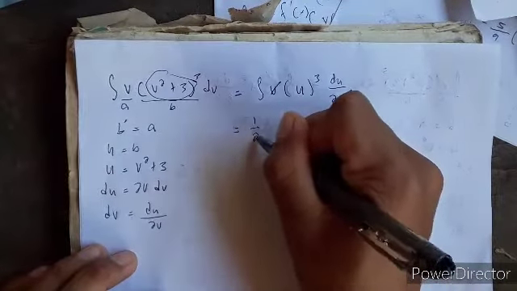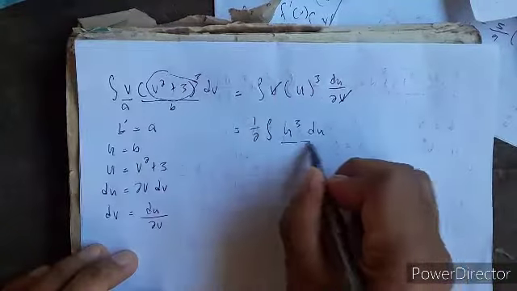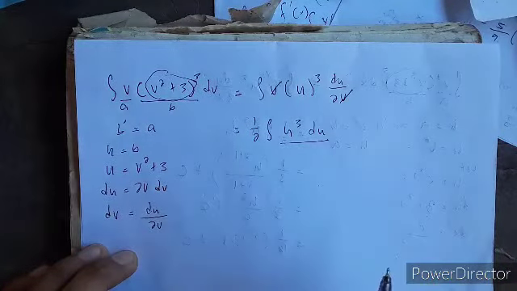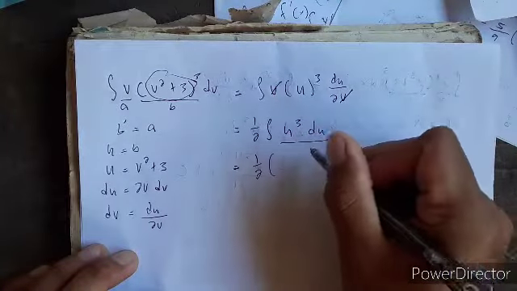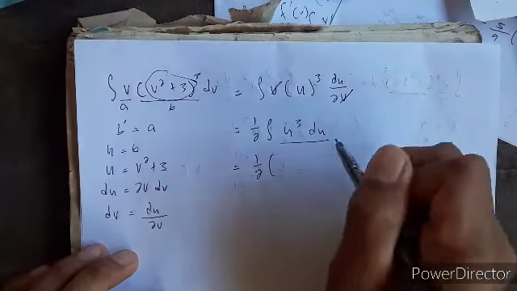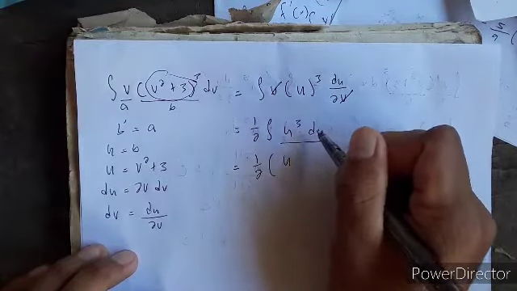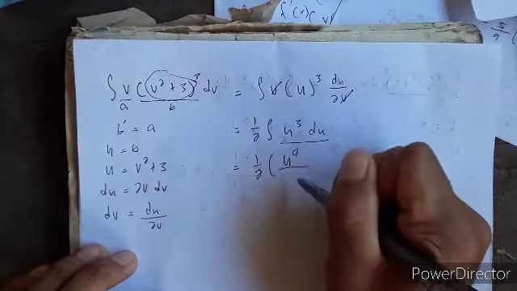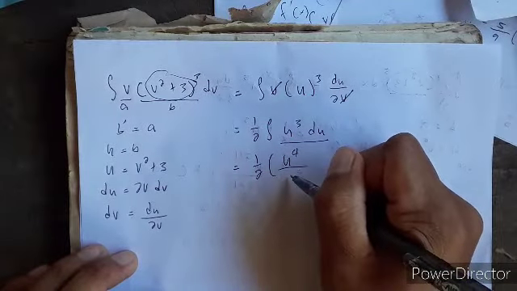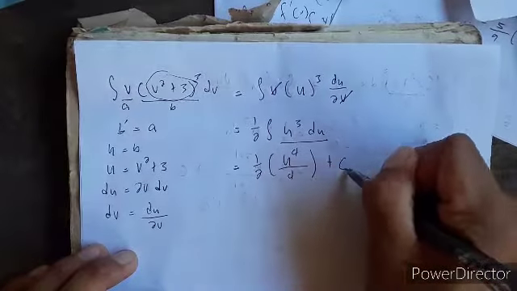So we have 1/2 integral of u raised to 3 du, and we can use here the power formula of integration. So it becomes 1/2 times u to the n plus 1. Our n here is equal to 3, so n plus 1 is 3 plus 1, which is 4, over n plus 1, which is also 4, plus an arbitrary constant.